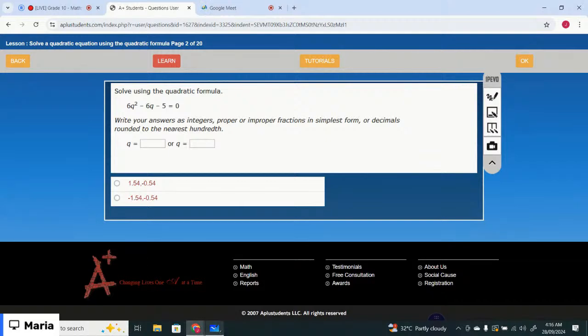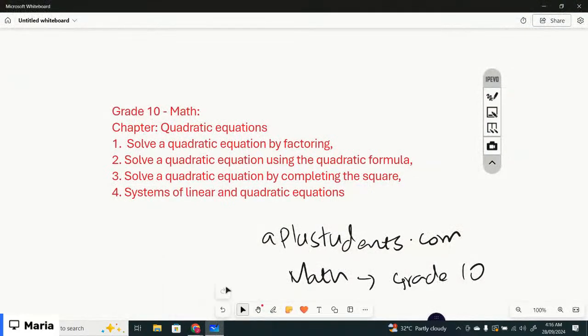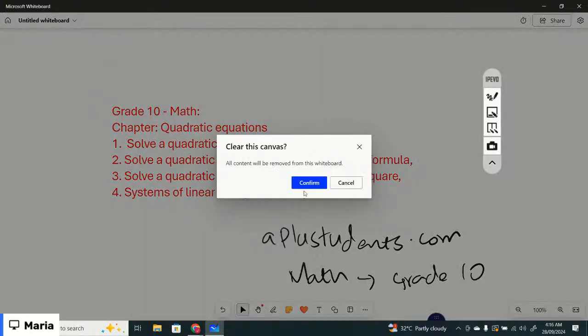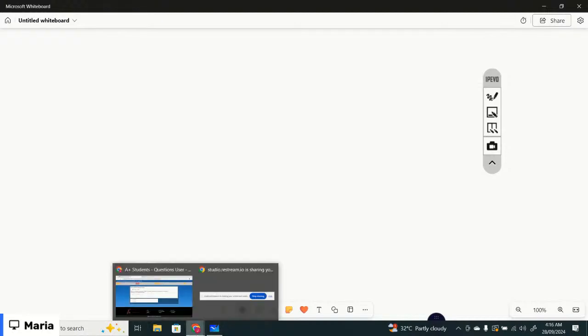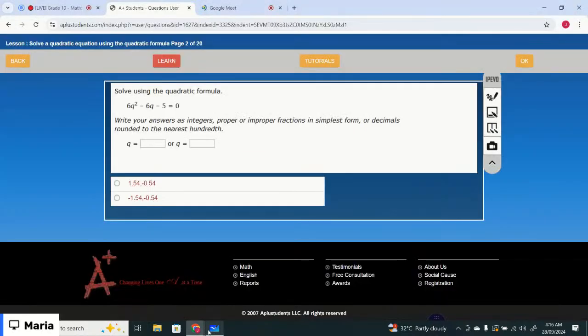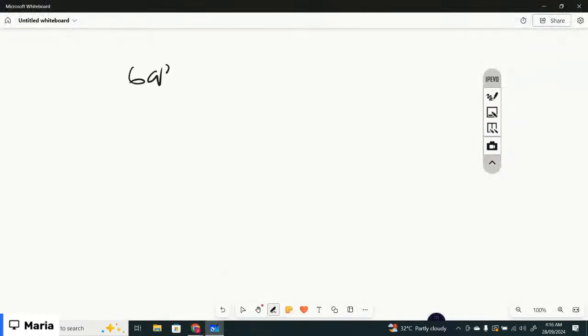I will do it on the board. Okay, so a equals 6, b equals negative 6, and c equals negative 5, right?